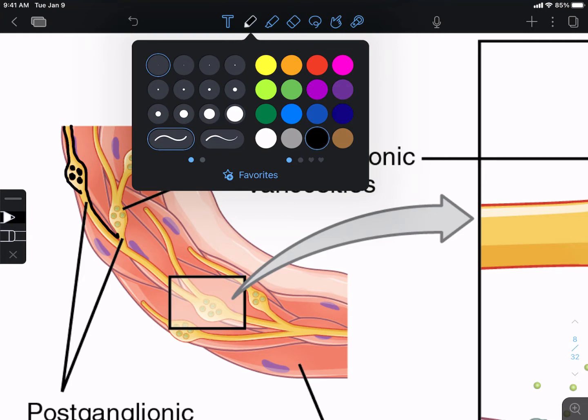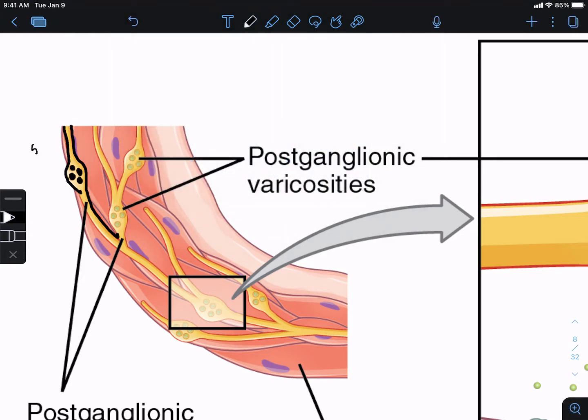They contain neurotransmitters. And when the action potential travels down the axon and hits that varicosity, it causes the neurotransmitters to be dumped onto, in this case, the smooth muscle cell, activating this smooth muscle cell right here.